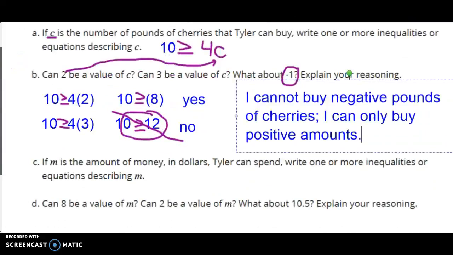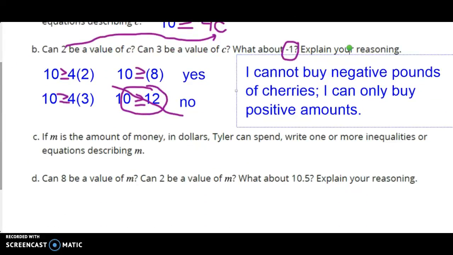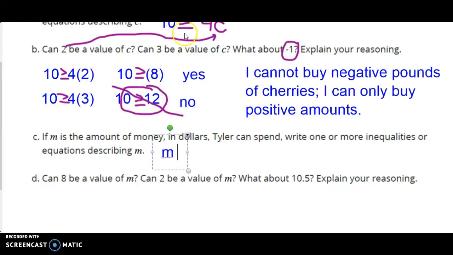C. If M is the amount of money in dollars Tyler can spend, write one or more inequalities or equations describing M. So I know here that my M has to be either less than or equal to 10, because he only has $10.